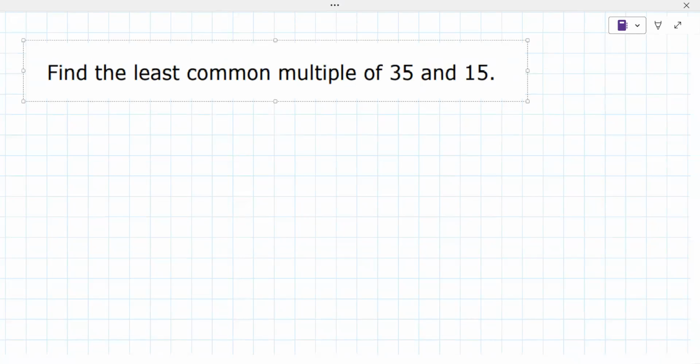Give this a try, please. Is it 105? It is 105. Perfect.